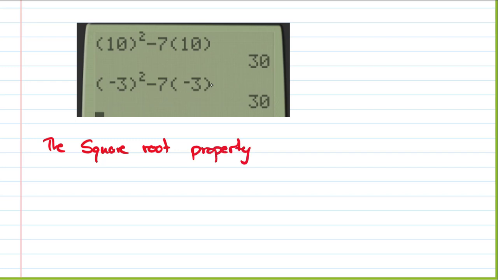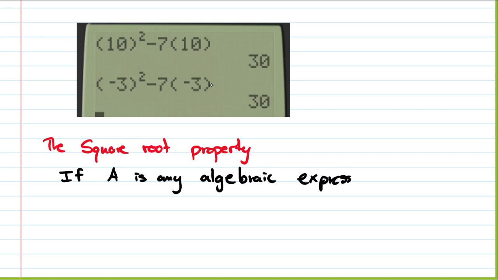So the square root property states the following. If A is any algebraic expression, and A squared is equal to B, then we get the following.